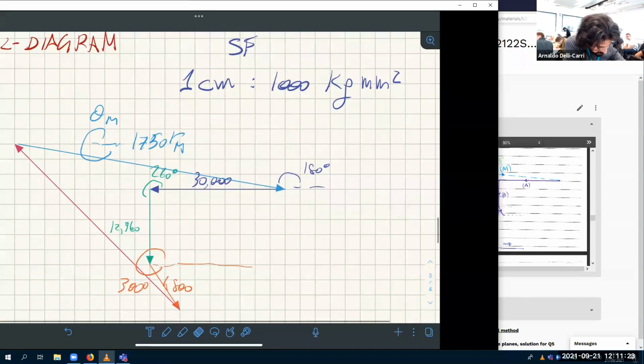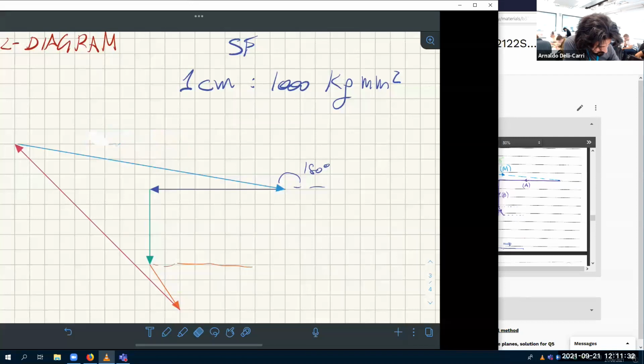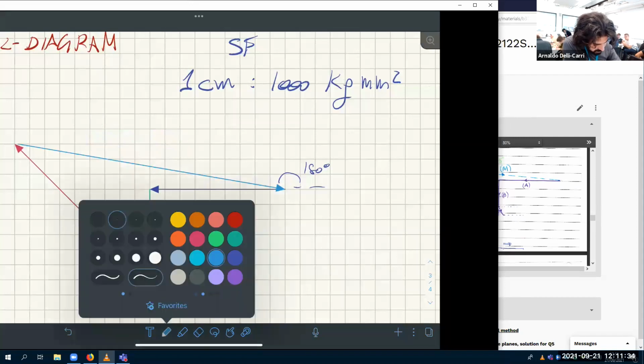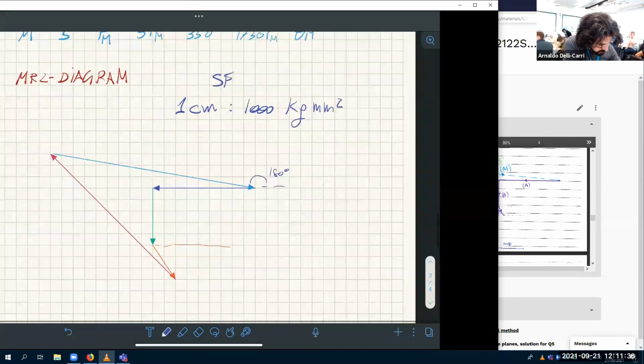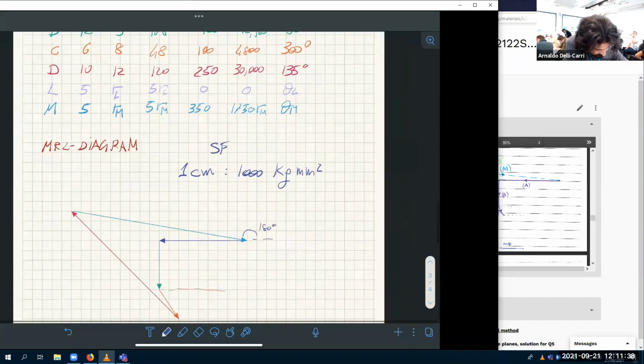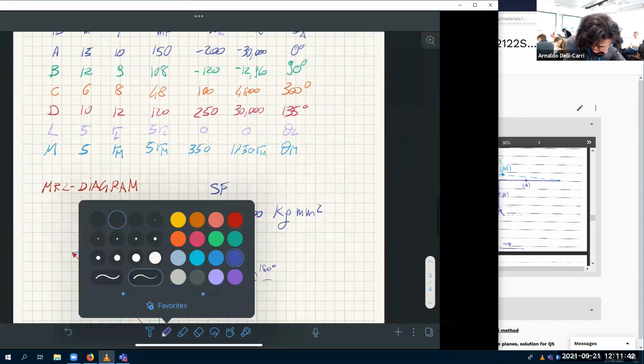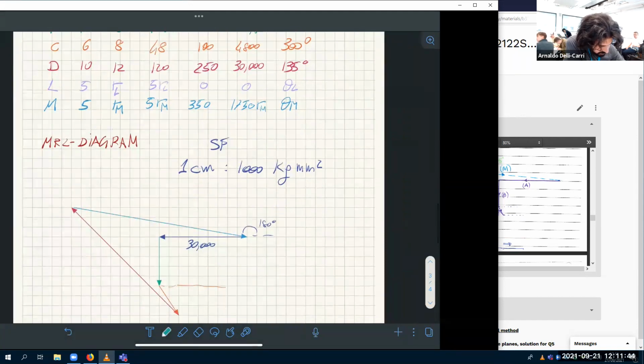Okay, you get the idea. Let me put all the labels again. This is 30,000. This is 12,960.